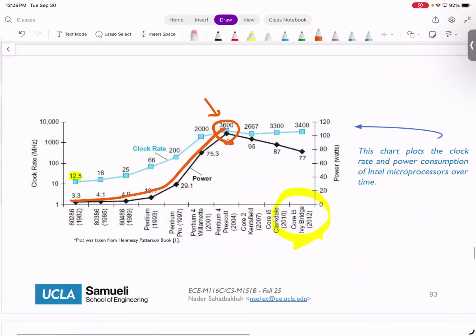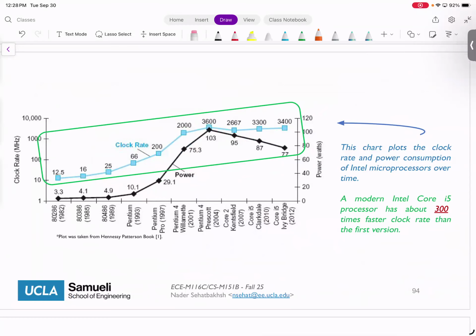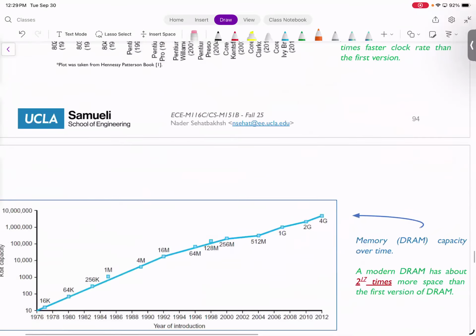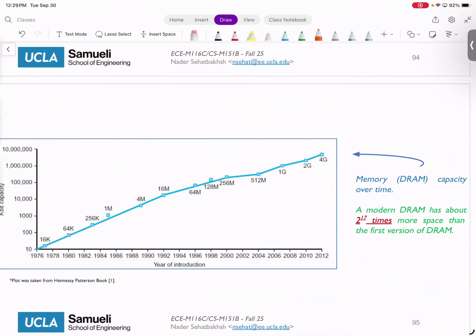So to give you some numbers, we managed to make the clocks significantly faster, about 300 times faster. And then this figure shows you the innovations on the memory side. This is the biggest memory that we use in our most advanced computer nodes in each year. Starting from late 70s, early 80s, our computers had around 16K or 64K.